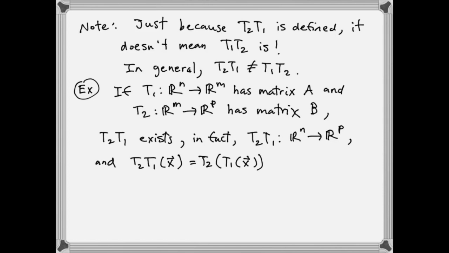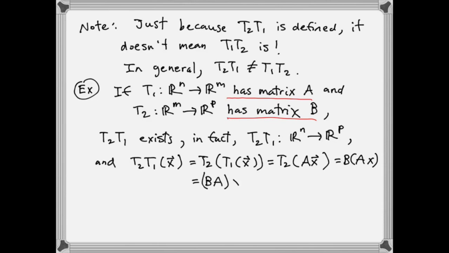So what's T1? Well, T1 has matrix A, so I know that this is going to equal T2 of Ax. But then T2 has matrix B, so this is going to equal B times Ax, which is the same as BA times x by associativity of multiplication of matrices.